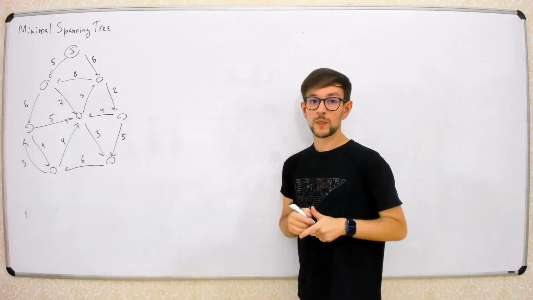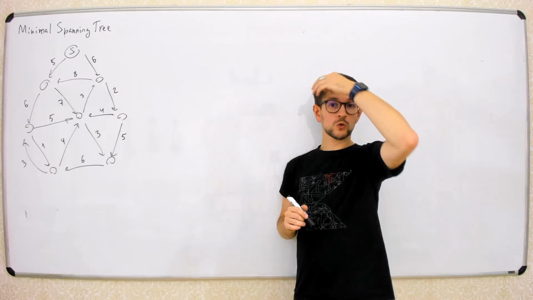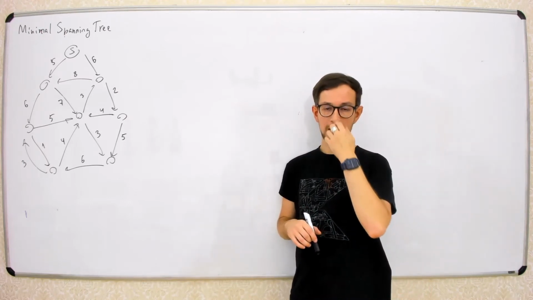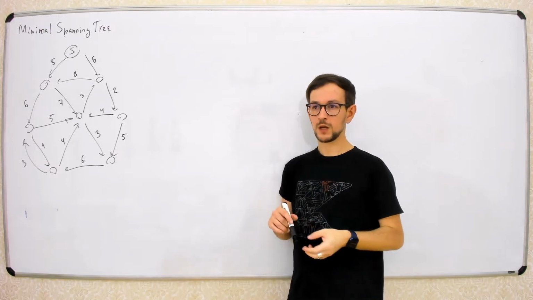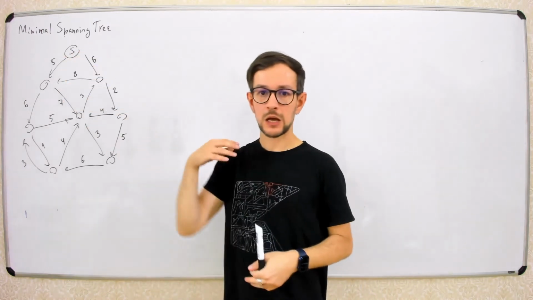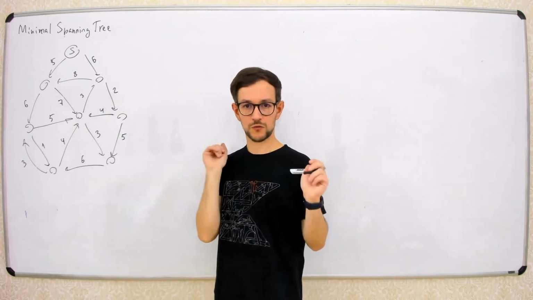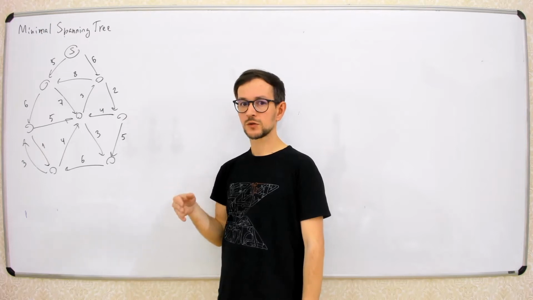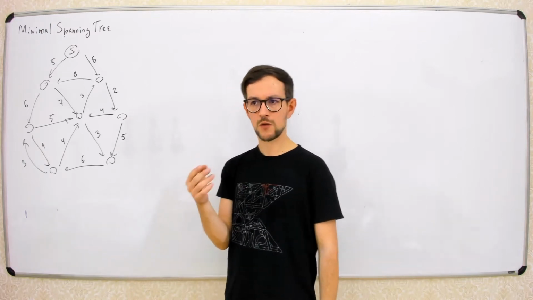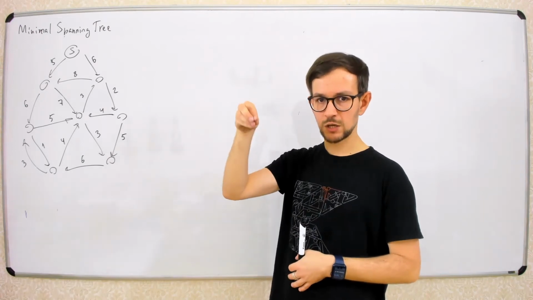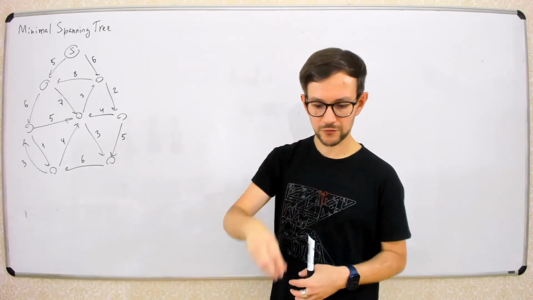Okay, now what is the problem? I want to find something like a spanning tree. I want to find a tree which is rooted in node S and contains all the nodes of the graph. So I kind of want to find something like a DFS tree. So I want to find a directed tree with root in node S, which contains all the nodes of the graph.